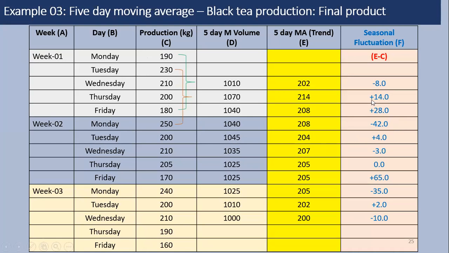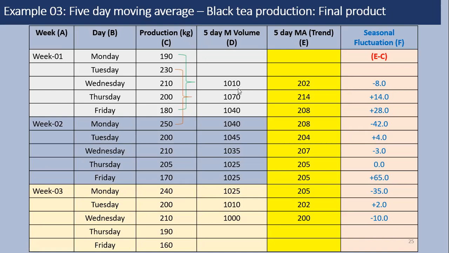Then to analyze this trend and determine the behavior of this data, we can analyze its moving average for 5 days, because there are 5 working days. The first one, the green one, you can see the first 5 days, the total is 1010.